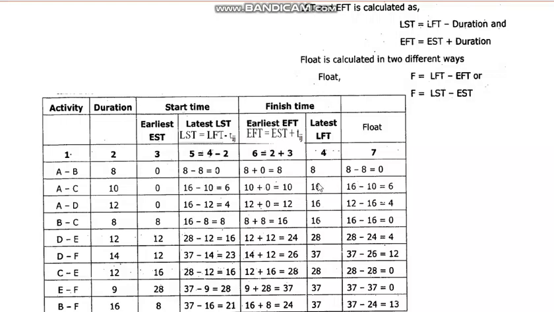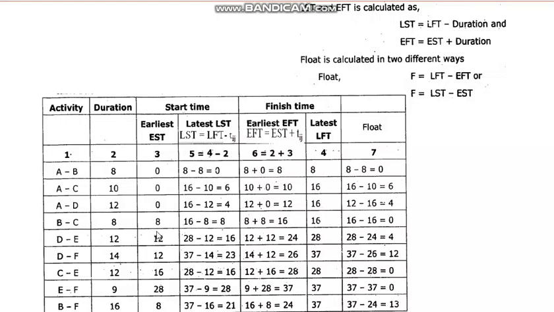And the float is just these two columns: 16 minus 10 is 6. So this is the float. Similarly for AD, the duration is 12, earliest start time is 0, and latest finish time is 16. Now 16 minus 12 is 4, and 12 plus 0 is 12. If you subtract 12 from 16, you will get 4. This is the float.